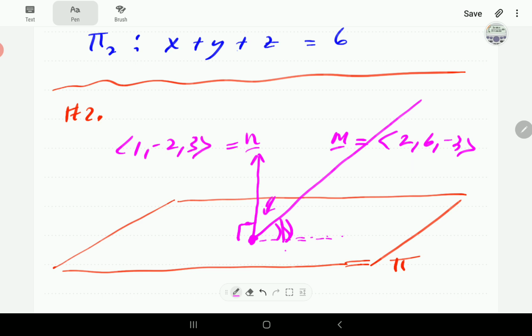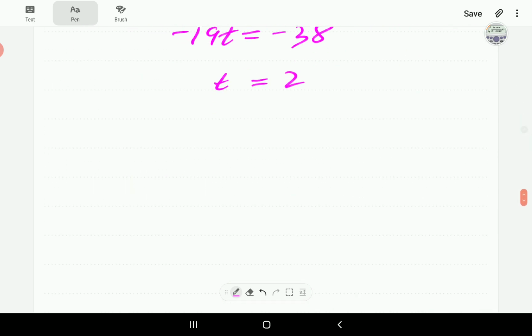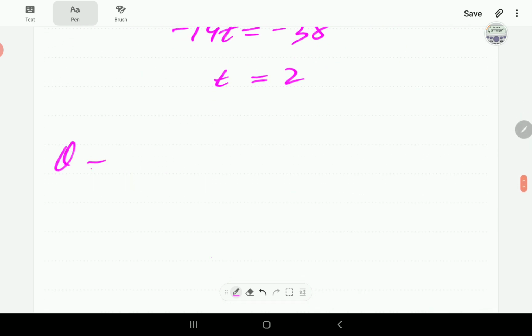So then the angle between the two of them, if we call it phi, is going to be this one here. The one we're looking for is theta. Phi plus theta is 90. Okay, so theta will be 90 degrees minus phi.